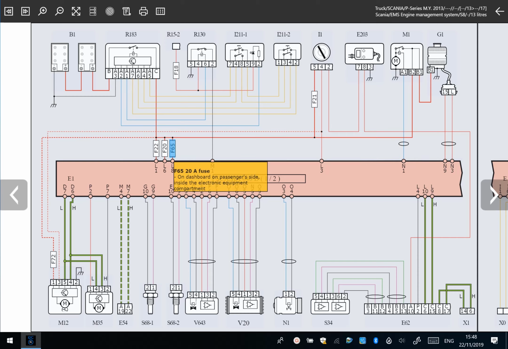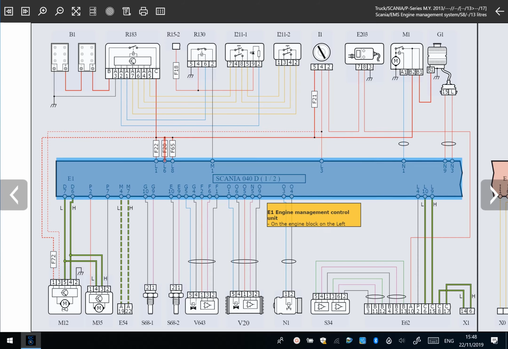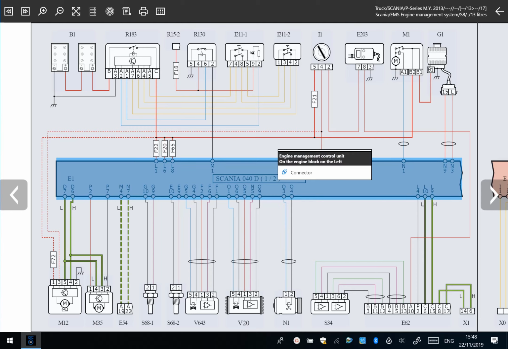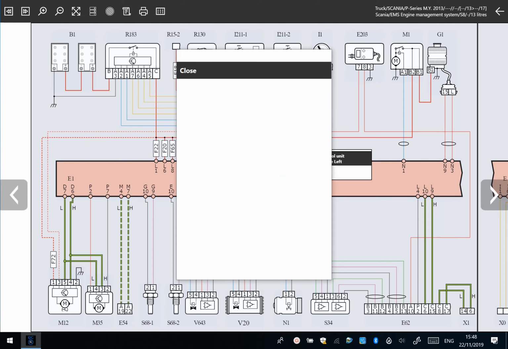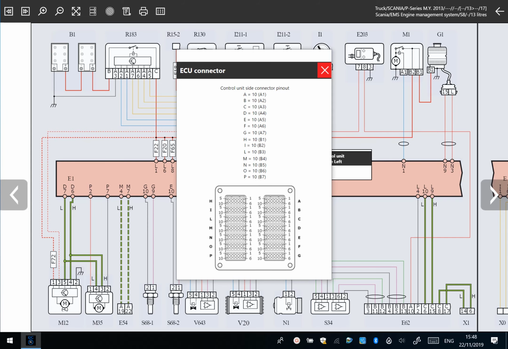There's also location information. For example, the big item in the middle, the pink item, is the ECU, so we can click on that, and to give you an idea, straight away we've got pin configuration. Now I'm sure you're aware every manufacturer is different, so this at least gives you a guide as to where everything pins back on the ECU.